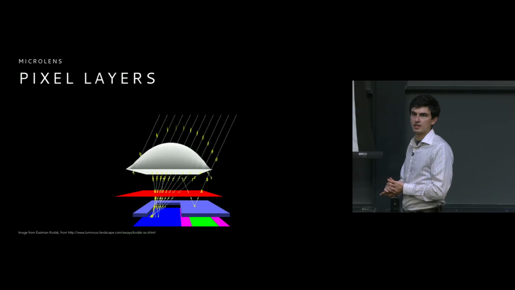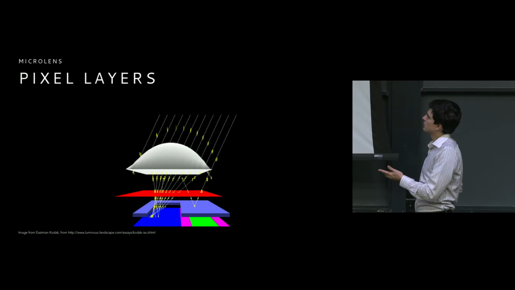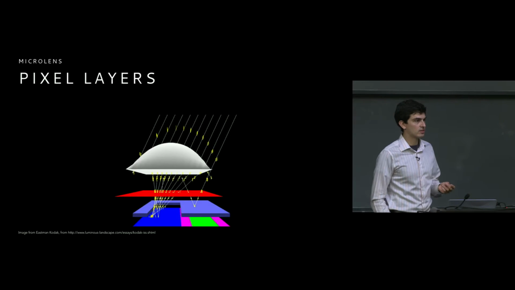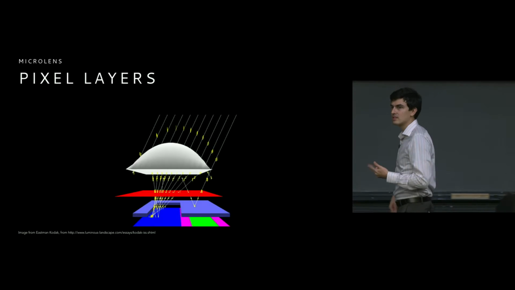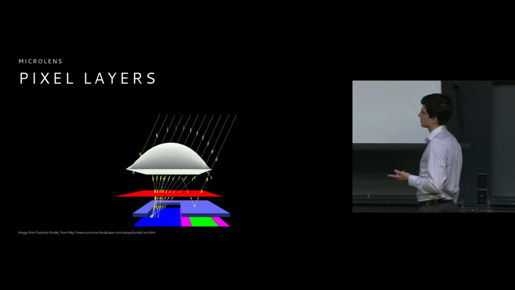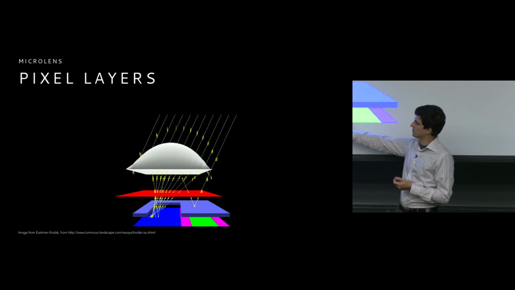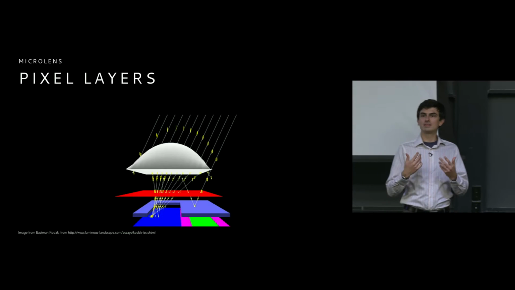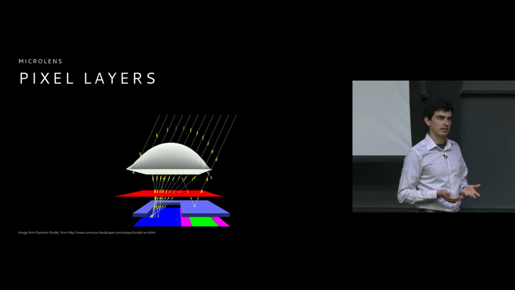And I mentioned last week, but I want to reiterate that a lot of improvements can be made in the performance of digital cameras, not just by improving the circuitry or improving the performance of the photodiode, but also making improvements in the micro lens as well.